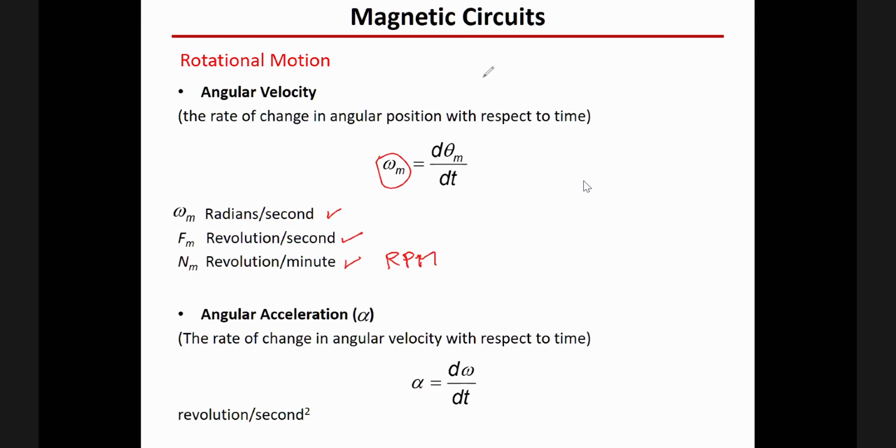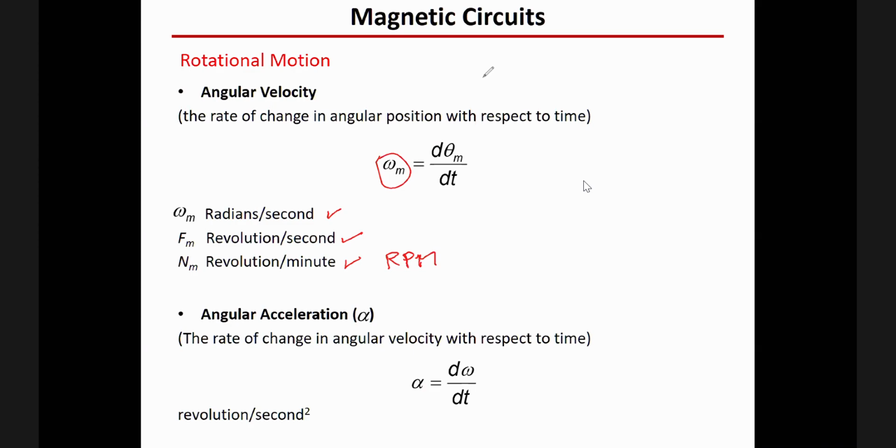We have also what we call the acceleration. Acceleration is another derivative of the speed or velocity. First of all, we have the displacement. If it is angular, we have theta. If we take the derivative of theta over time, this is velocity.